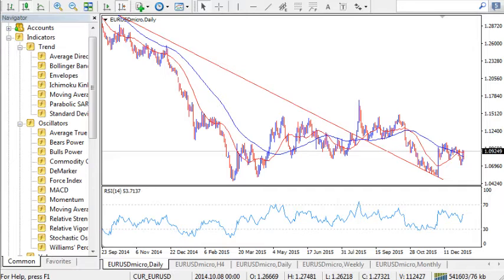This creates an indication of the relative strength of the price action at the current point. We also add a moving average on the oscillator window.